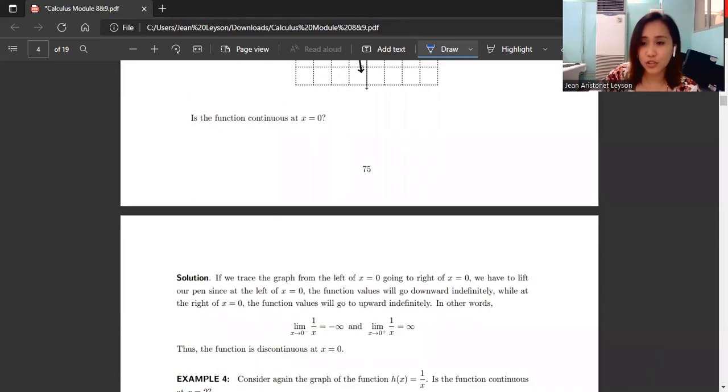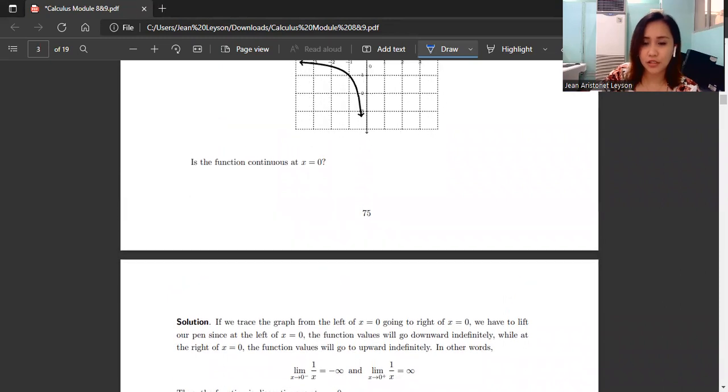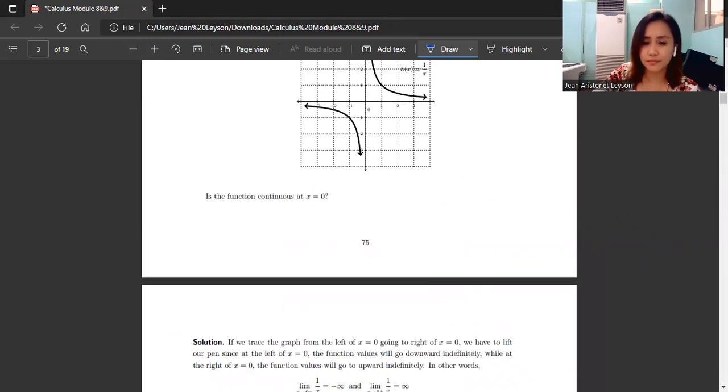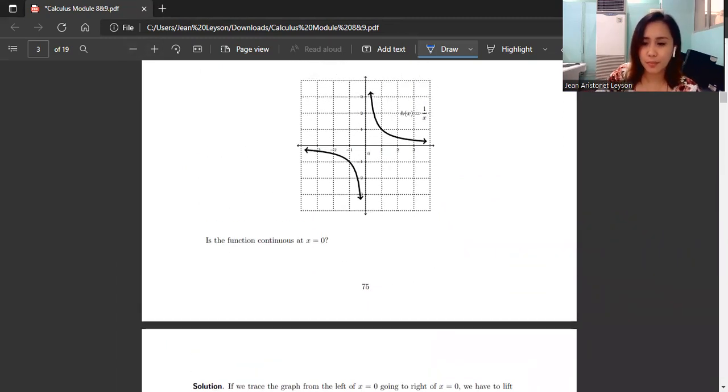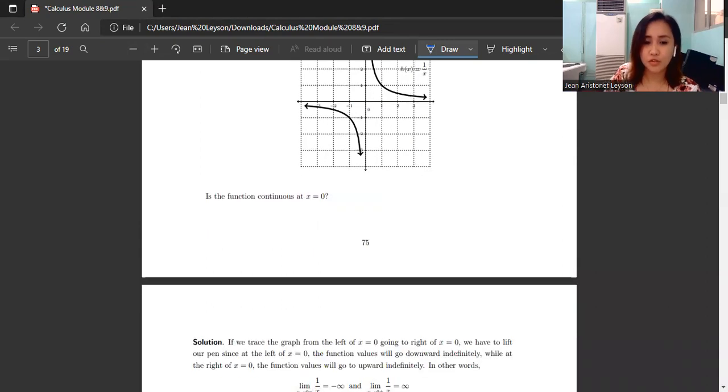So for our solution, if we trace the graph from the left of x is equal to 0, going to the right of x is equal to 0, we have to lift our pen.